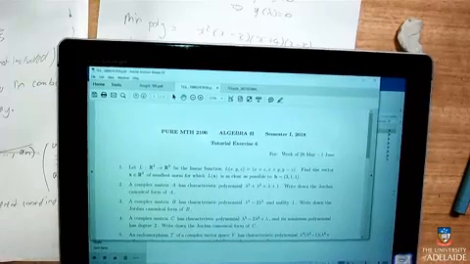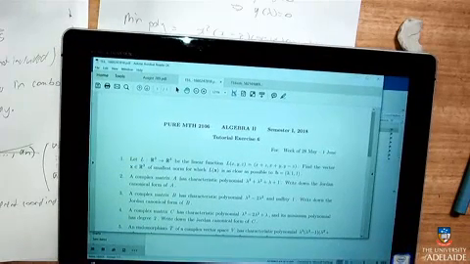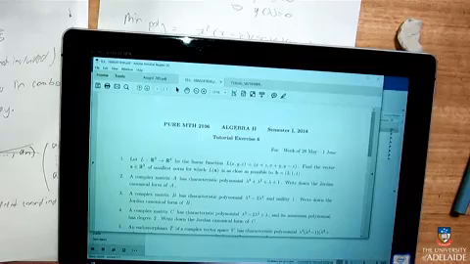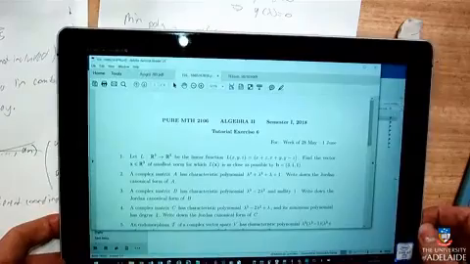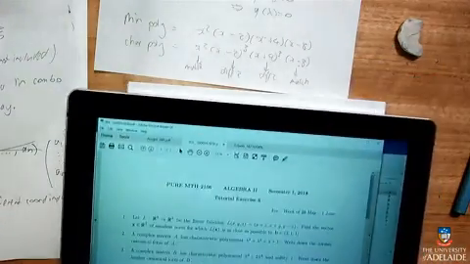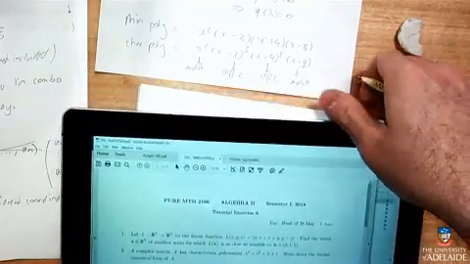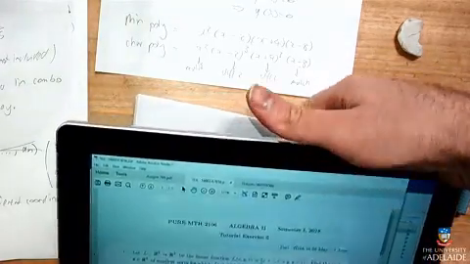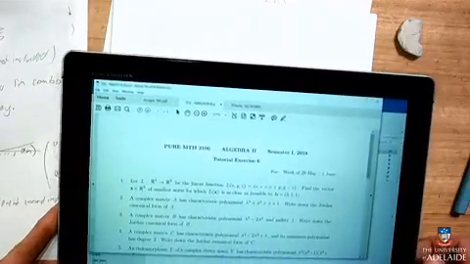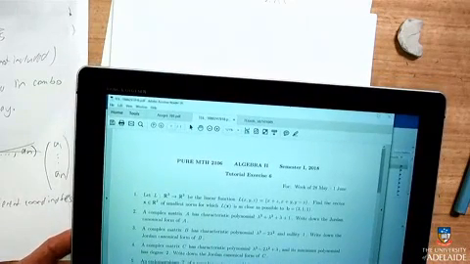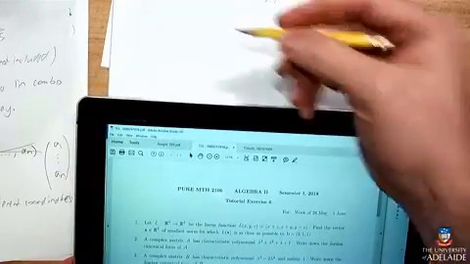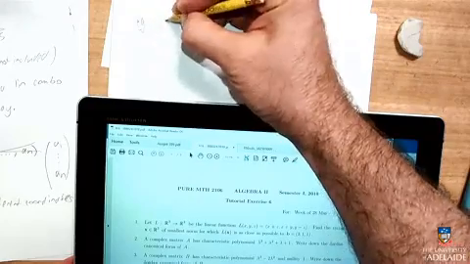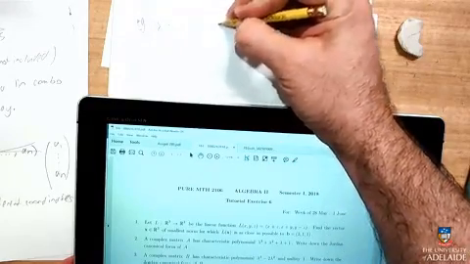So a complex matrix has characteristic polynomial lambda cubed plus lambda squared plus lambda plus 1.